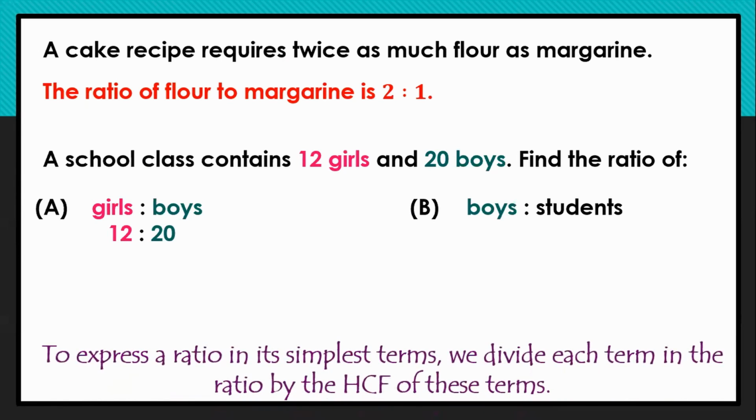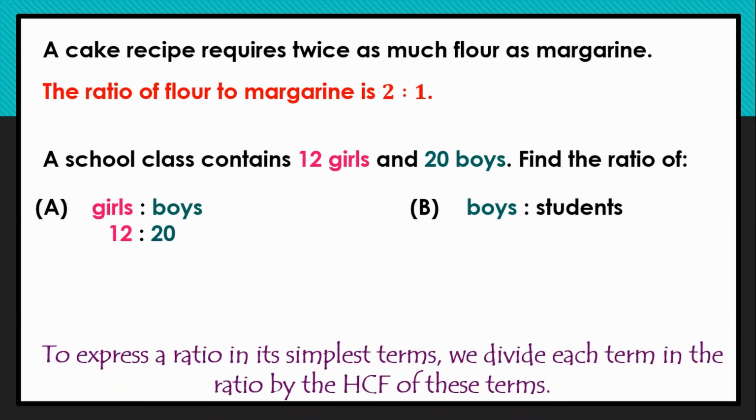But please note, if a ratio can be simplified, we should simplify it. But how do we do this? We are going to divide each term in the ratio by the HCF of these terms. So look, 12 and 20.